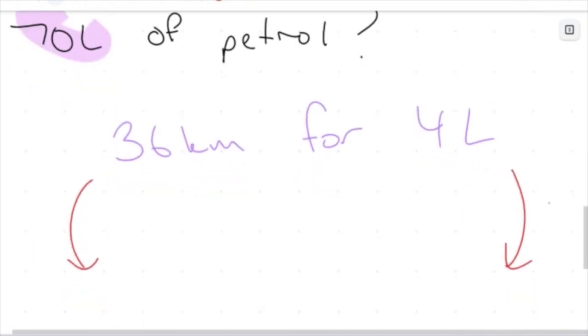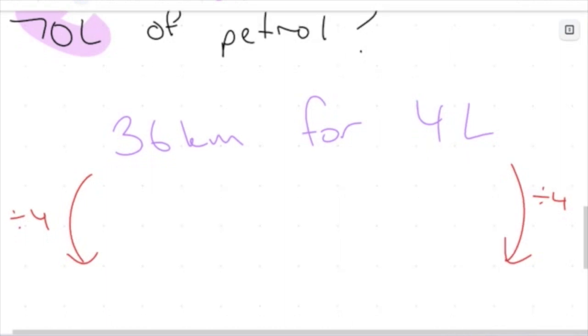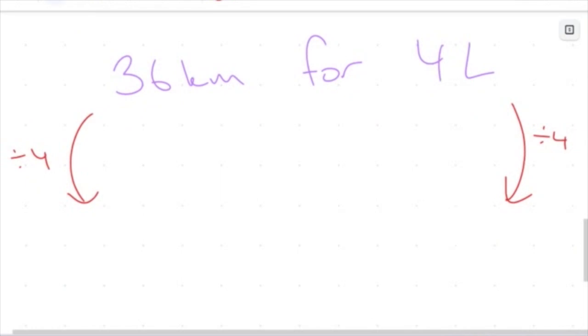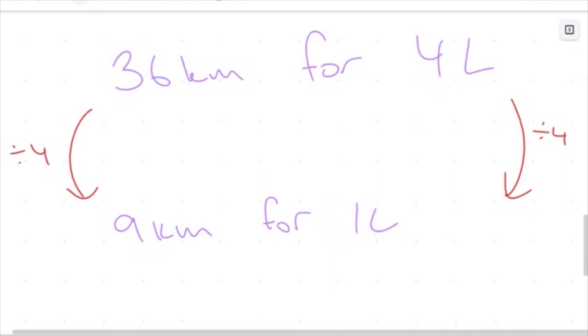So I'm going to find this by dividing by 4, because this is going to give me 1 liter here, and it's going to tell me how far I've traveled using 1 liter of petrol. And now I've traveled 9 kilometers for 1 liter. So dividing 36 by 4 gives me 9. Dividing 4 by 4 gives me 1. And that makes sense because we always want to get to 1 when we use our unitary method.